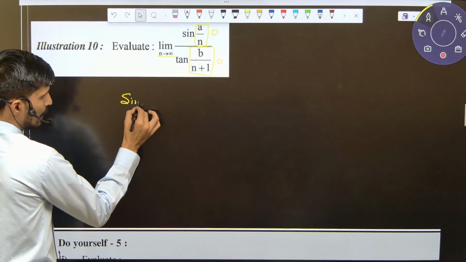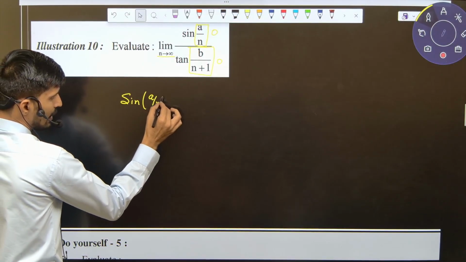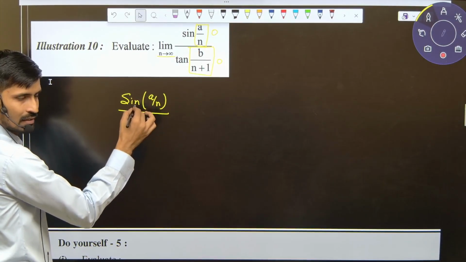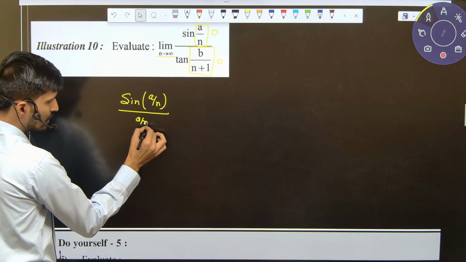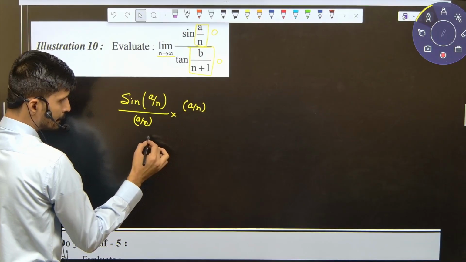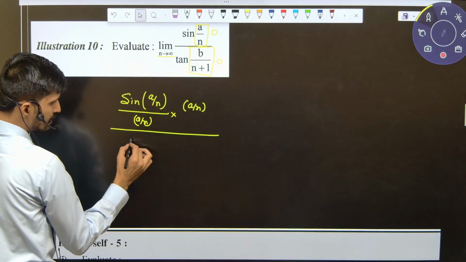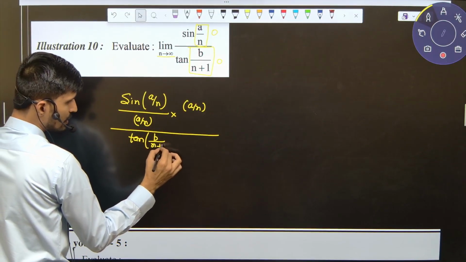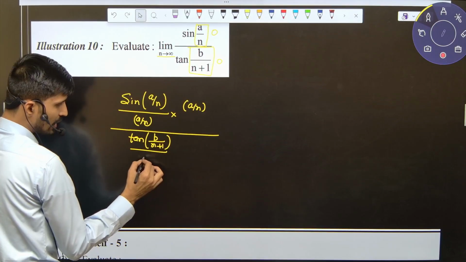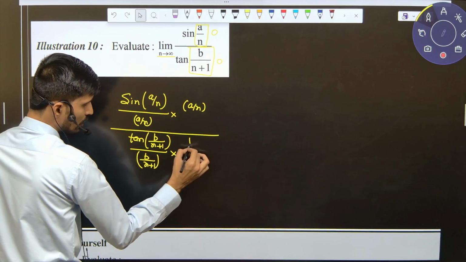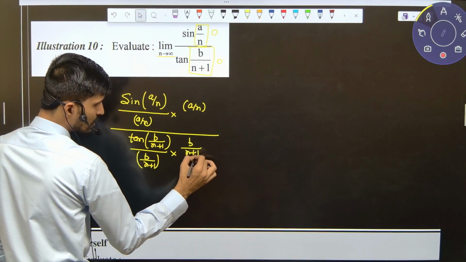So what we'll do: sine A by n, and to balance sine I will have to multiply and divide with A by n. Tan b by n plus 1. To balance this tan, what will I do? b divided by n plus 1 into b divided by n plus 1.